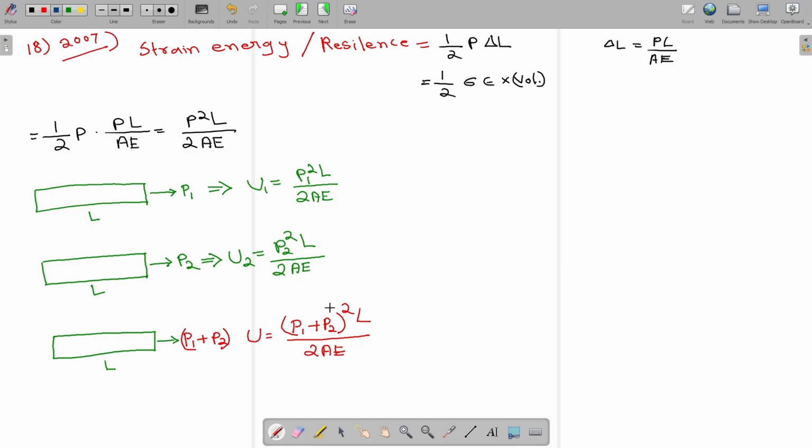Now we are going to simplify this. We can write it as U is equal to P1 square plus P2 square plus 2 P1 P2, this is the formula of A plus B whole square, by L divided by 2AE.